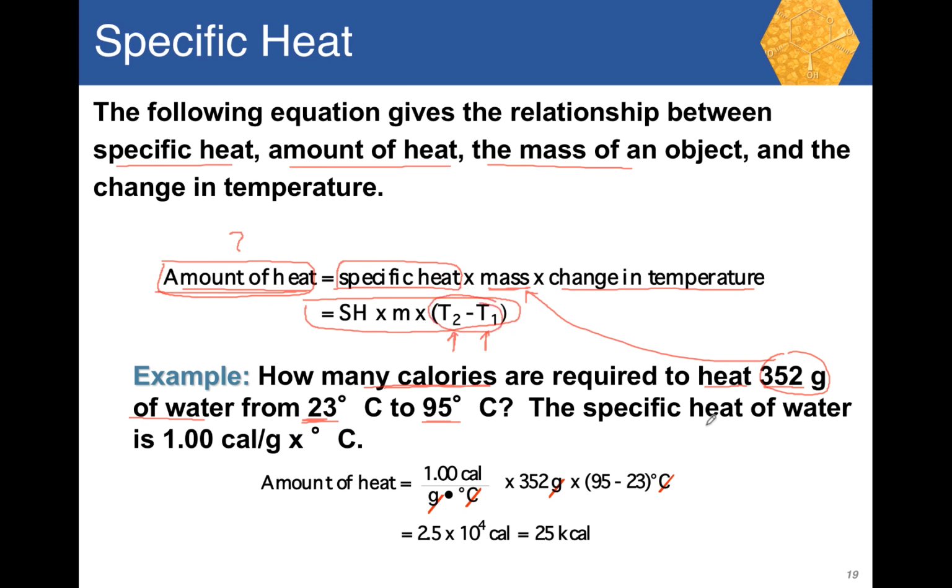The specific heat of water, which is a constant, is 1, and that is what's substituted here.